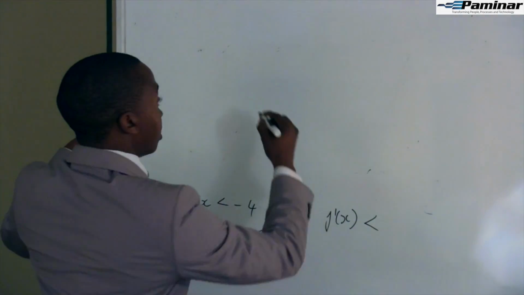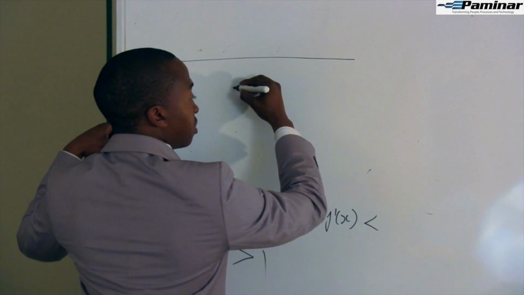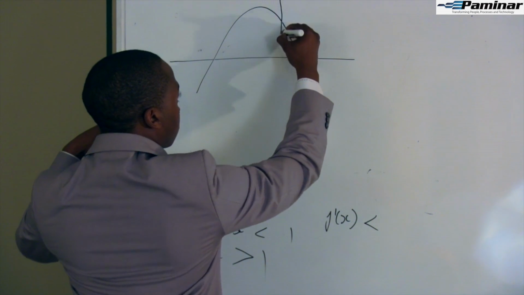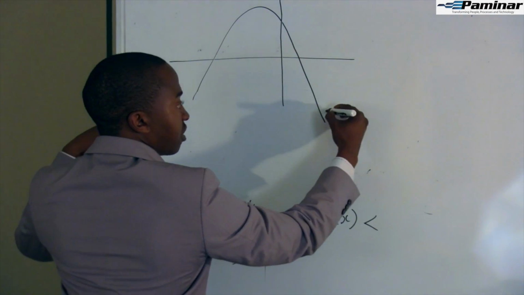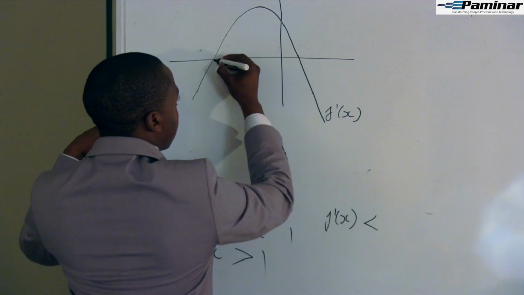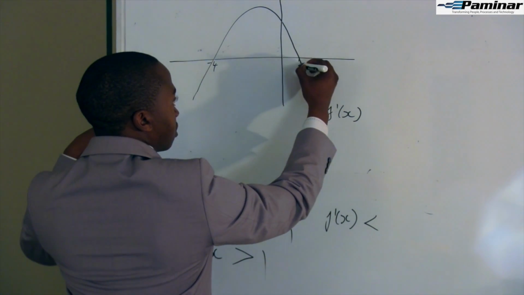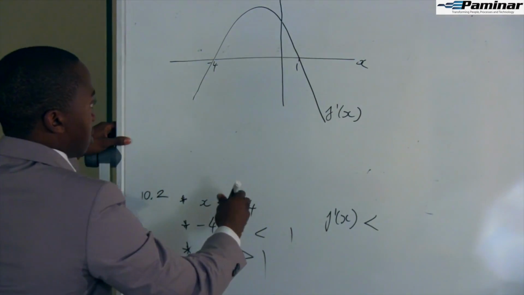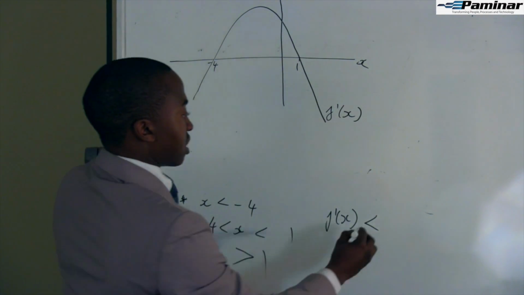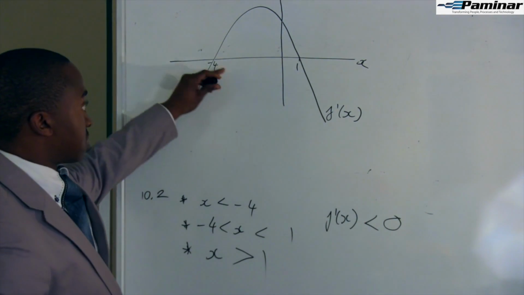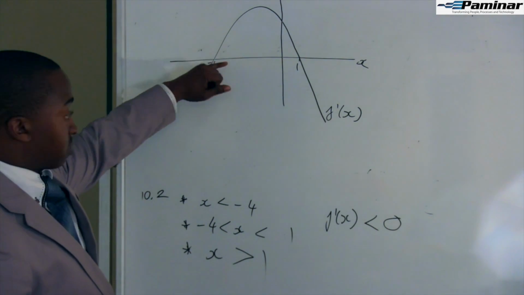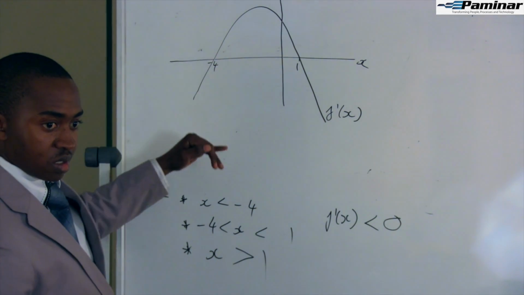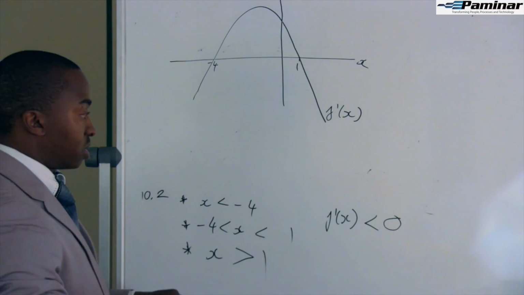Quickly looking at your curve, this curve here we're referring to as f prime x. This point here is -4, this point here is 1. That's your y, that's your x. Where is f prime x less than 0? Let's look at -4. It is this part, that's where it's below.